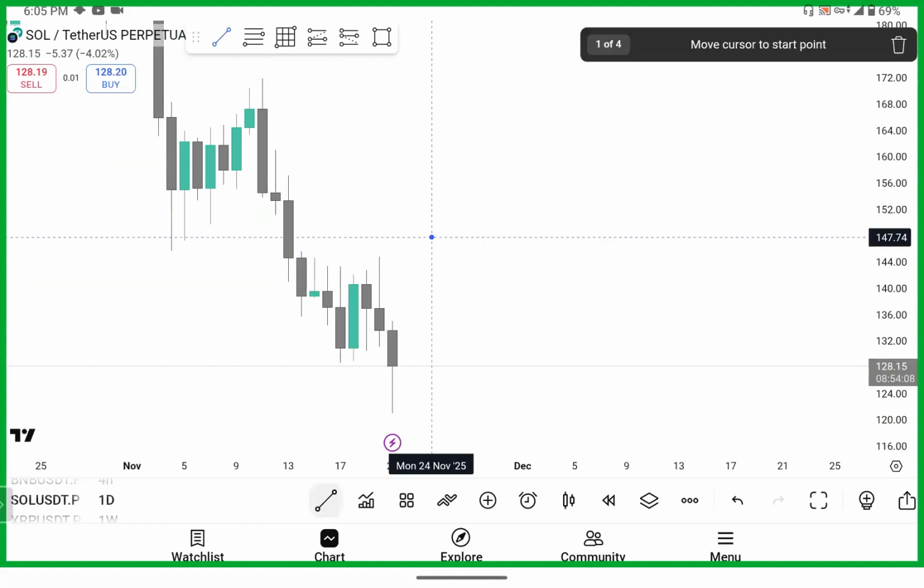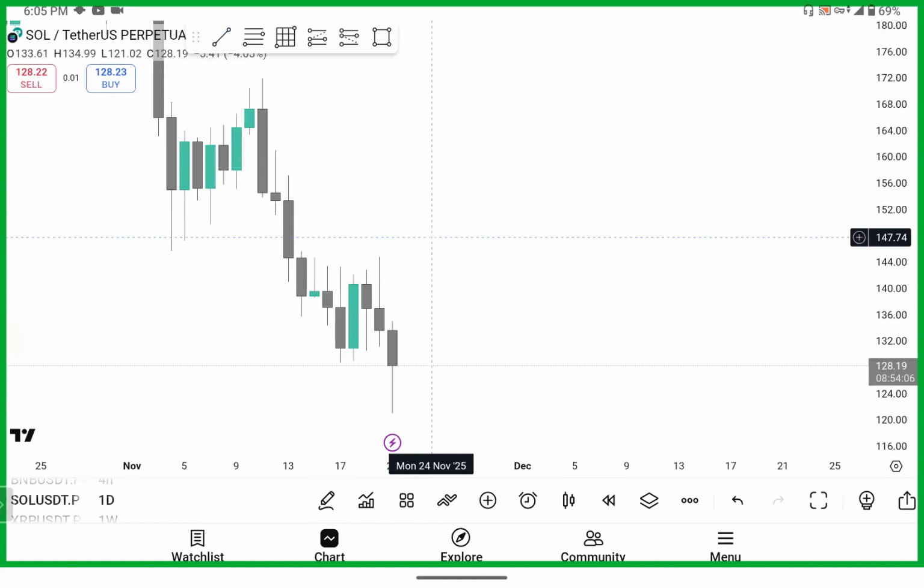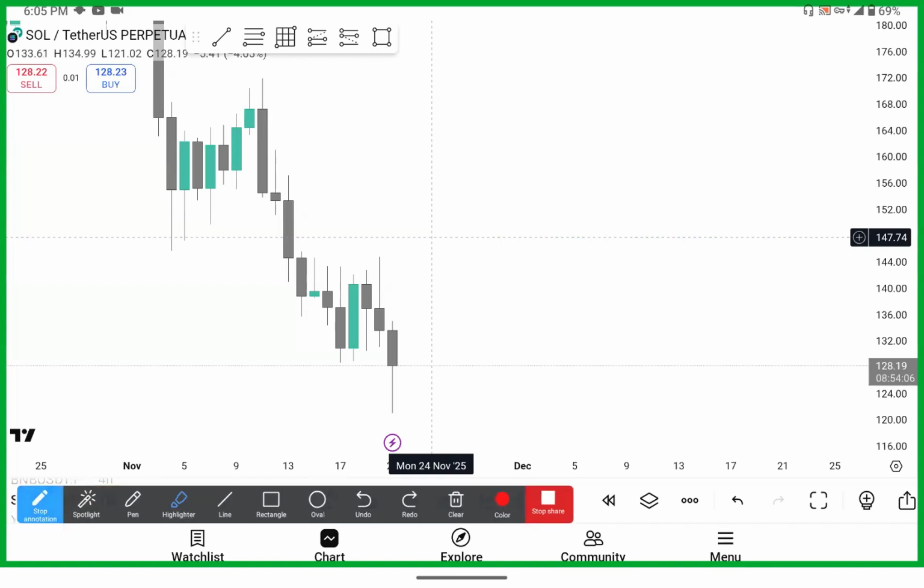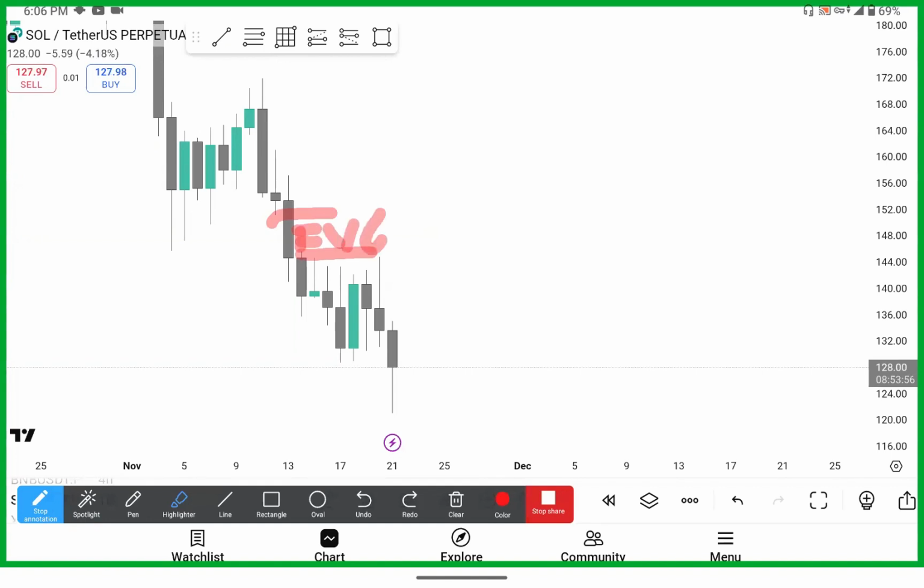So to use a trend line, I can just draw like this. You see this week, then I'll make it straight. Then I will also come on this. You get? You see that?